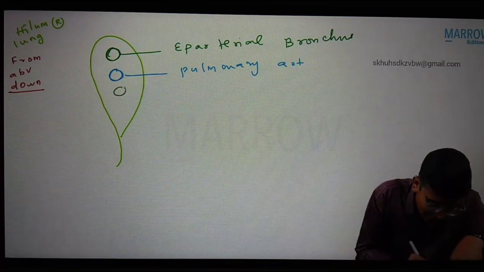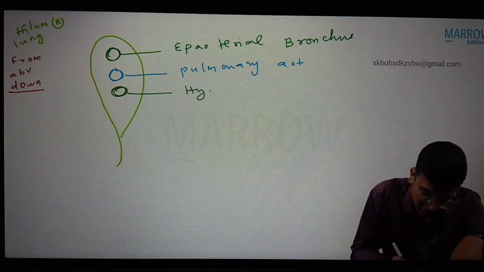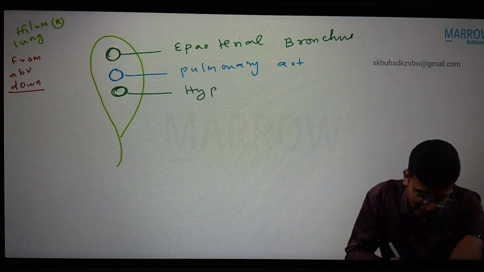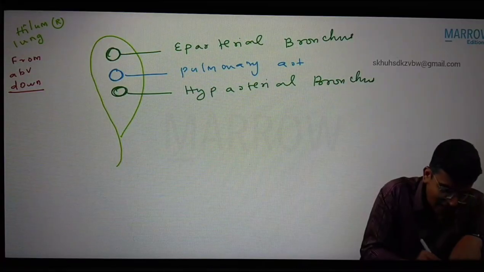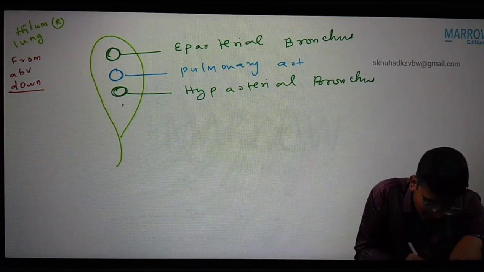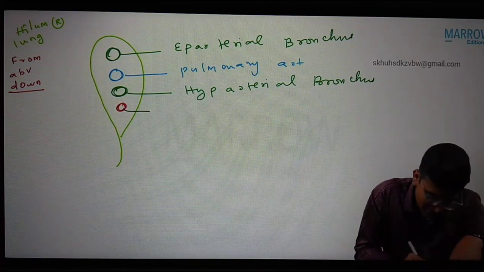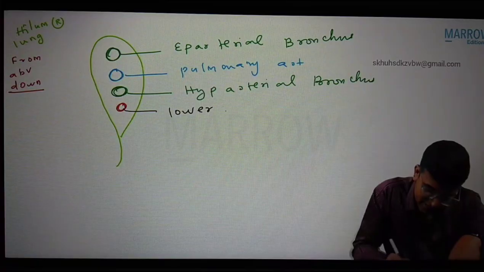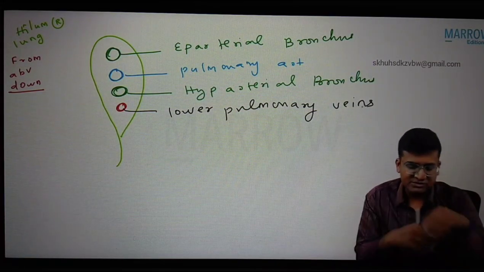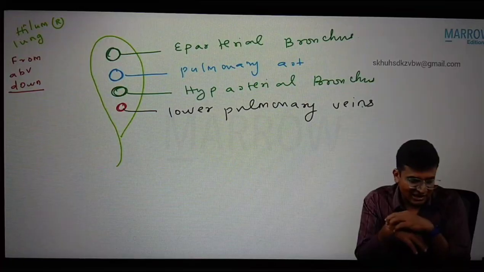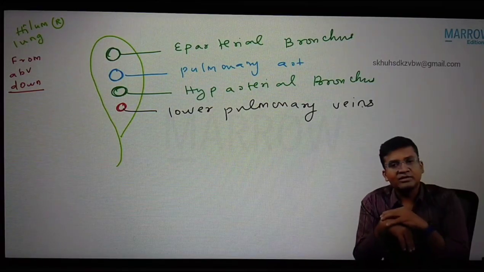And then the hypoarterial bronchus. Below the artery we see bronchus. And last one, the lower pulmonary veins. So this is the arrangement of structures in the hilum of the right lung.